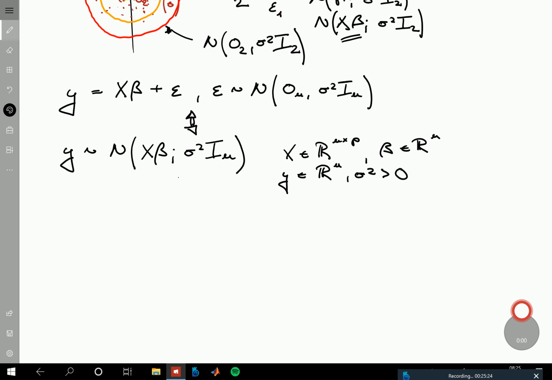So errors are IID, but data are not IID. Nevertheless, the distribution of data and errors has the same covariance matrix, and the error has a 0 as expectation, and the data have this expectation parameter resulting from multiplying design matrix and the beta parameter vector.